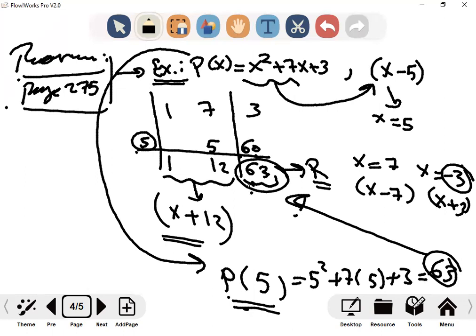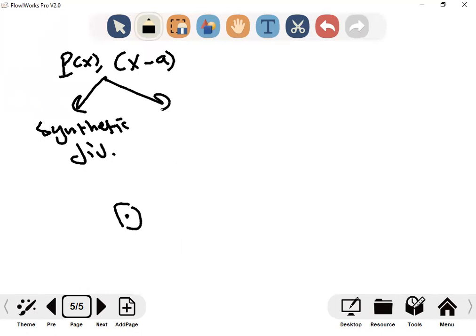Or you can substitute directly p of a. Now the question sometimes asks you to find the division or to substitute or to find the remainder without determining the way. So it's up to you. Now let's see example 1.